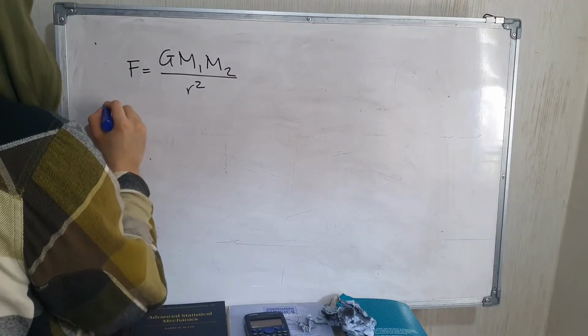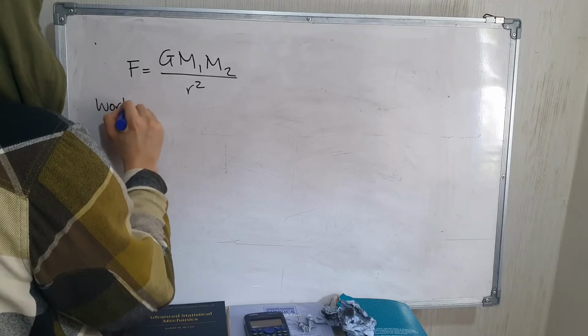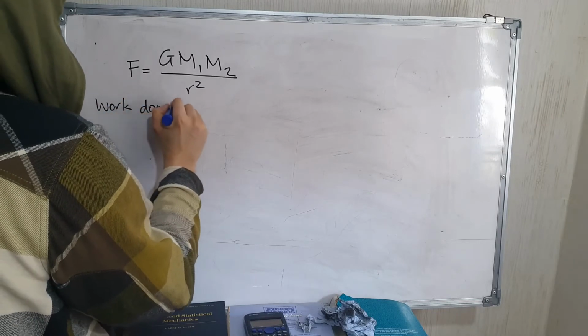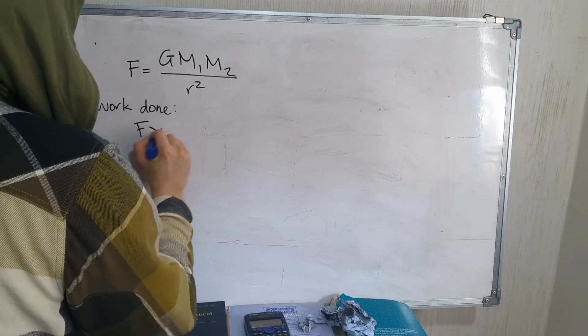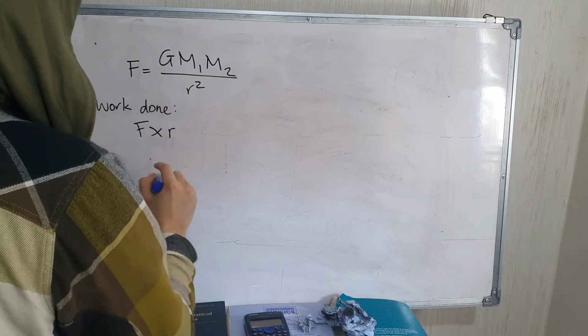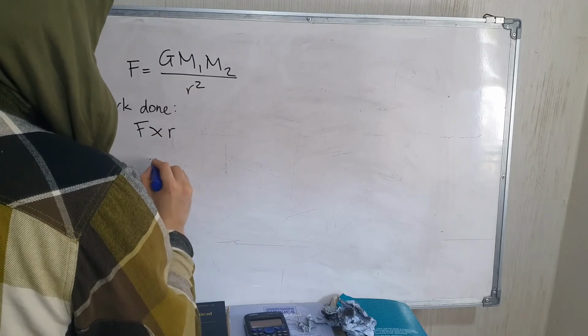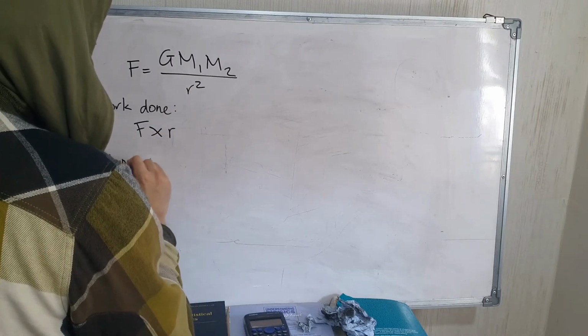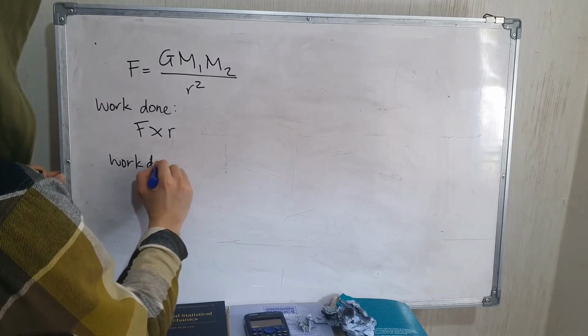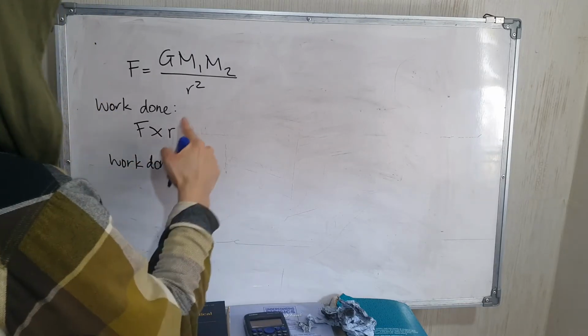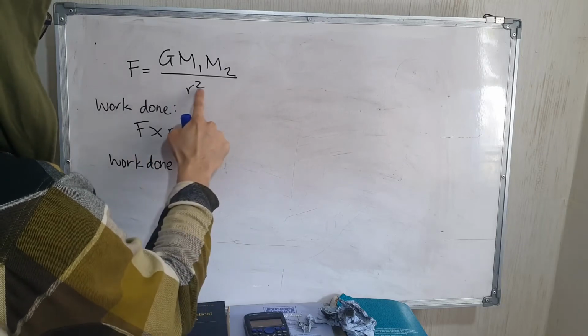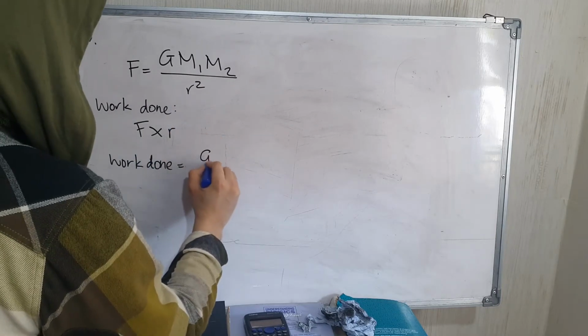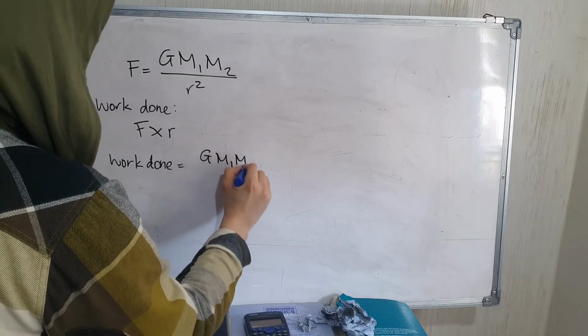Now, what is force times distance? Work done is force times distance, in this case, force times r. If you multiply both sides by r, you get rid of one of the r's at the bottom. So you have G m1 m2 over r.